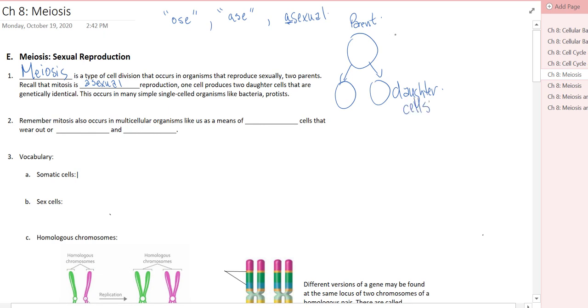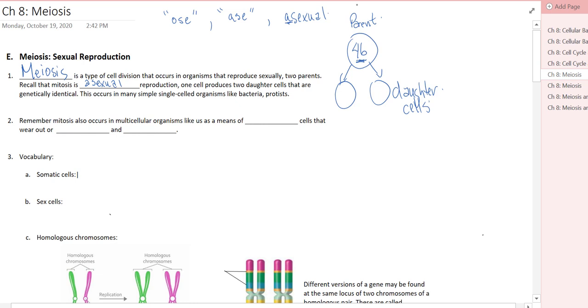And what is important to keep in mind here is we're going to talk about the chromosome number, and this is the fundamental difference. Both types of cell reproduction involve parent cells making new daughter cells, right? But in the case of mitosis, we start off, if we're just using us as an example, humans, we have 46 chromosomes in our cell.